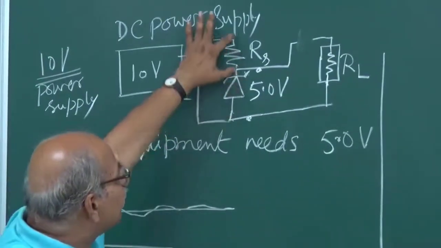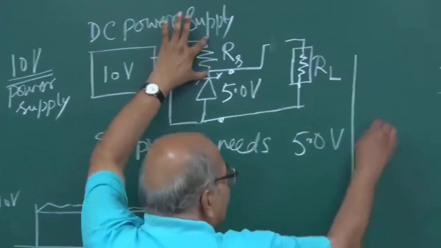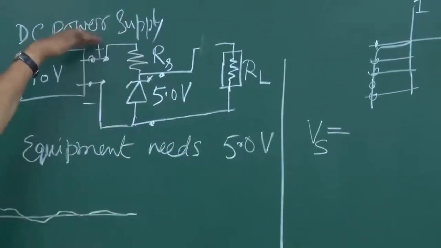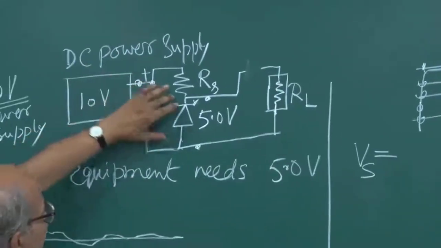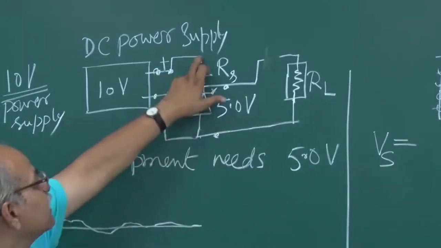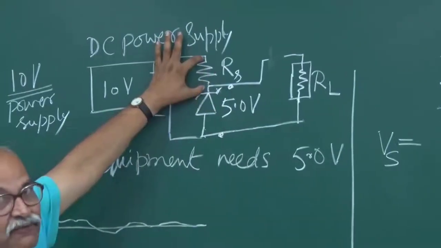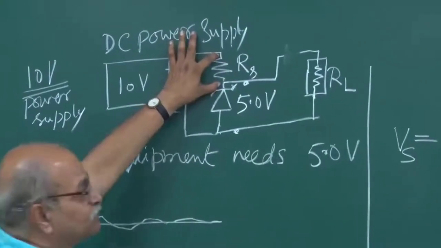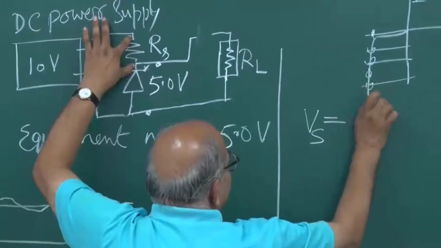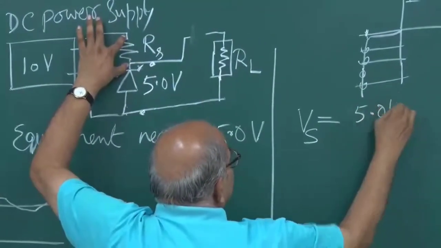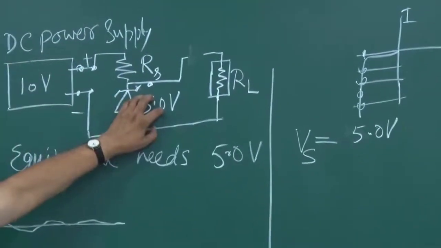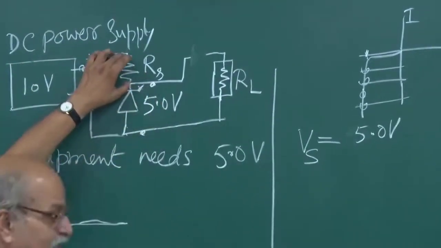So what is the voltage on RS? Let me write it Vs. It will be 10 volts minus 5.0 volt. If I take this as 0, this will be 5 volt, and this is 10 volt. So the drop is 5 volt on this RS also. Let me write it 5.